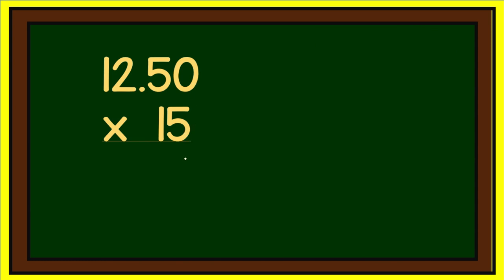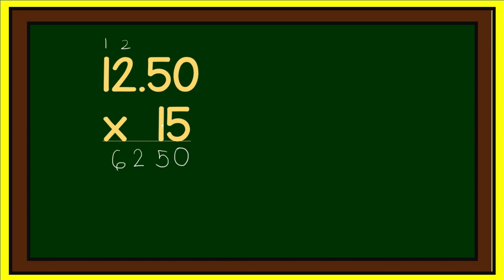5 times 0 is 0. 5 times 5 is 25. 5 carry 2. 5 times 2 is 10 plus 2, 12. Carry 1. 5 times 1 is 5 plus 1, 6.